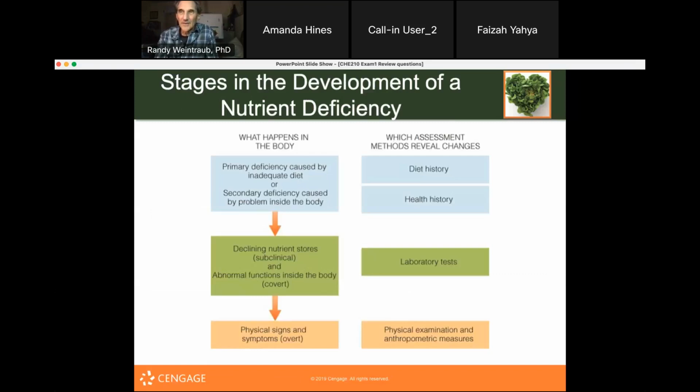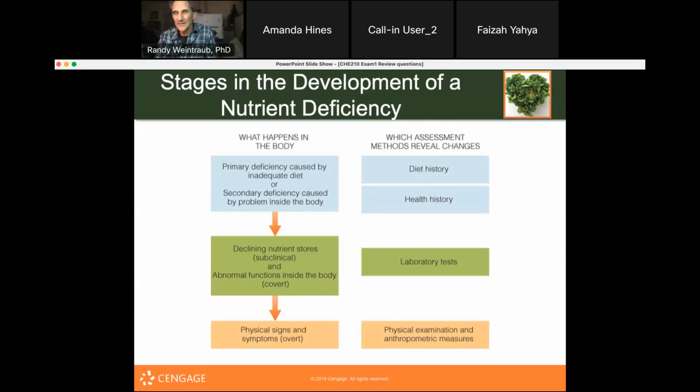The slow rate of most nutrient deficiencies is shown in this graphic from the book. What's happening in the body, and how do we see that? How do we diagnose that?